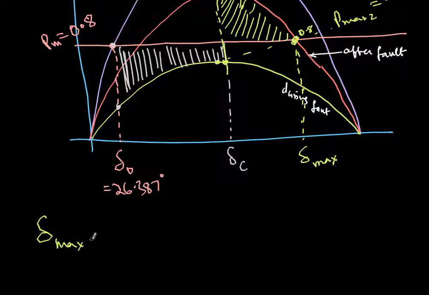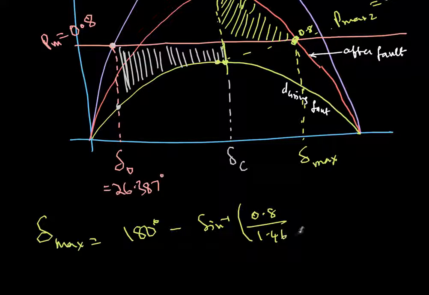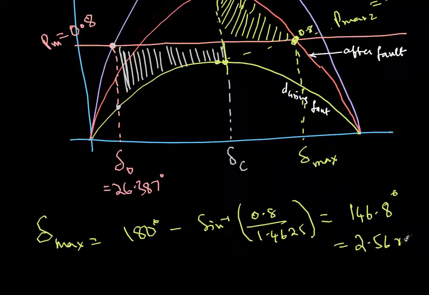So delta max will be 180 degrees minus sine inverse of 0.8 divided by 1.4625. This one I'll get something like 146.8 degrees, or if I convert into radians it will be 2.56 radians. So that is this delta max angle.